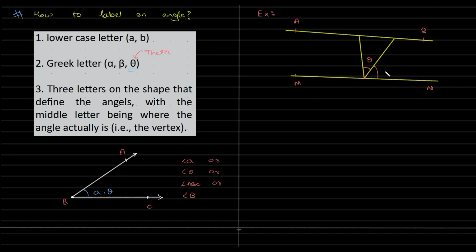And if I want to name this, I can call this as A, I can call this as B. And we are done. Right? So this is different amount of angle, this is different amount of angle, and that's a different amount of angle. So these are the ways of naming things.